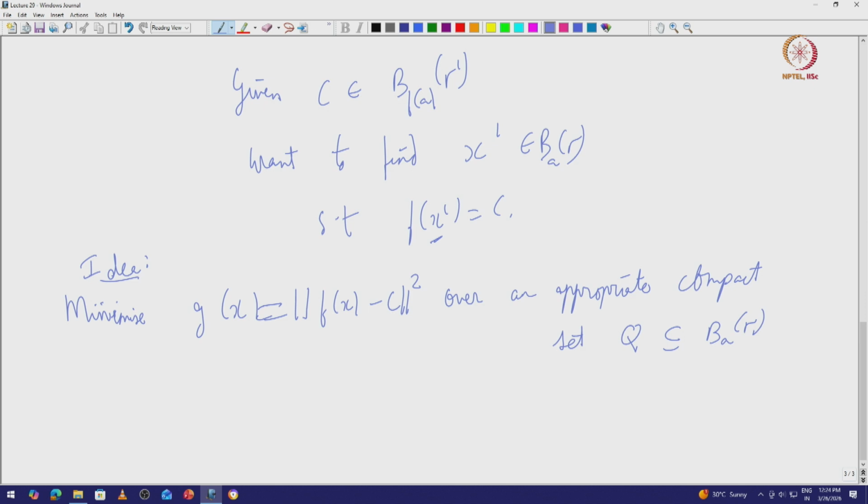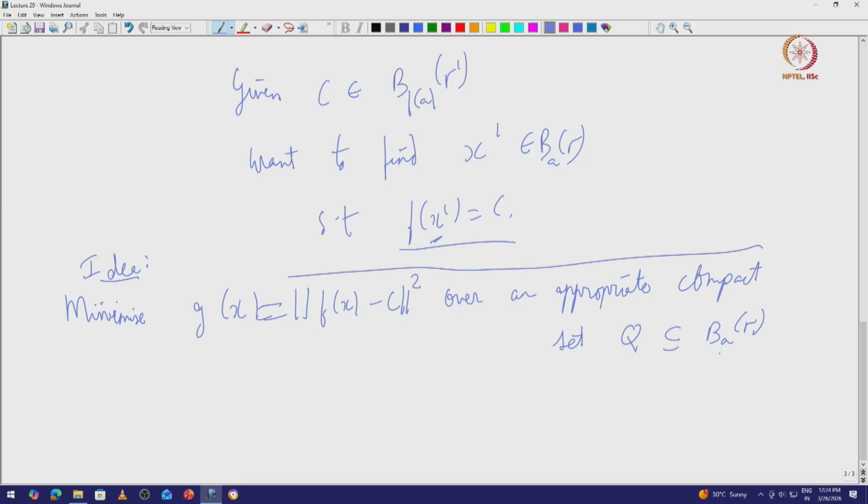So we turn this strategy around to find said x dash by minimizing this function over an appropriately, cleverly chosen compact subset of B_A(R), and proving that the minimum of g is actually 0. If we manage to do this, then we would have managed to successfully find an x dash so that f of x dash is c.